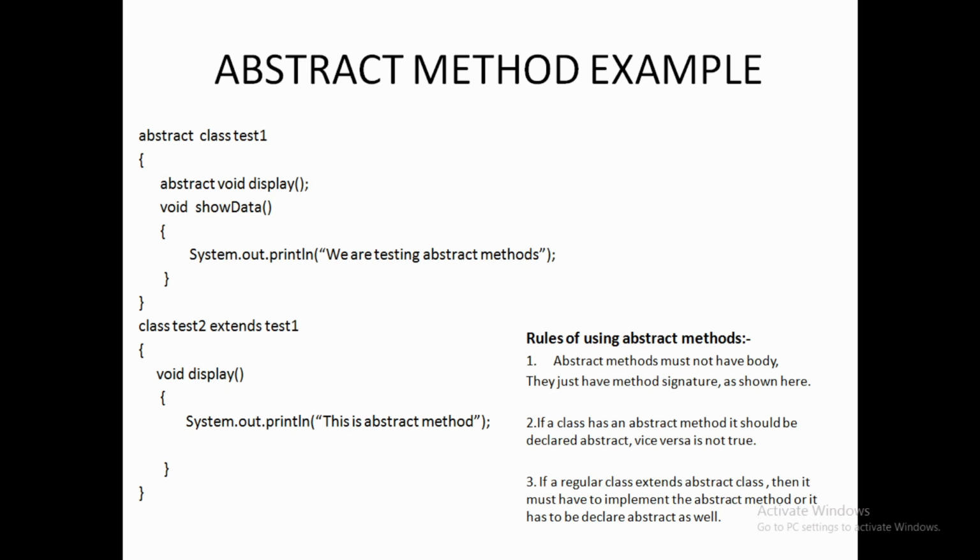The second point is that if a method inside any class is defined abstract, here the display method is defined as abstract inside the class test, then that class also must be defined as abstract.